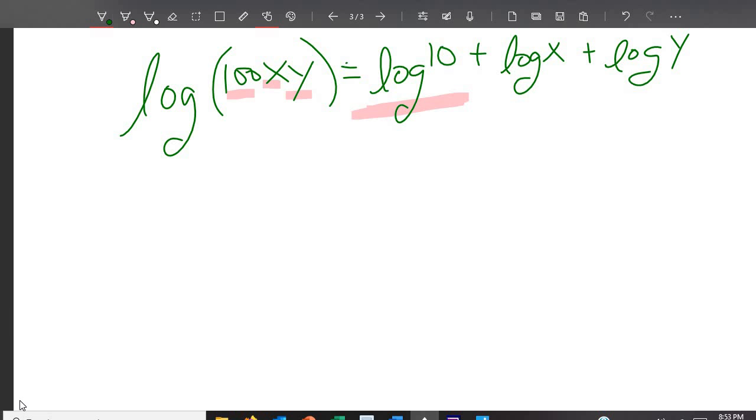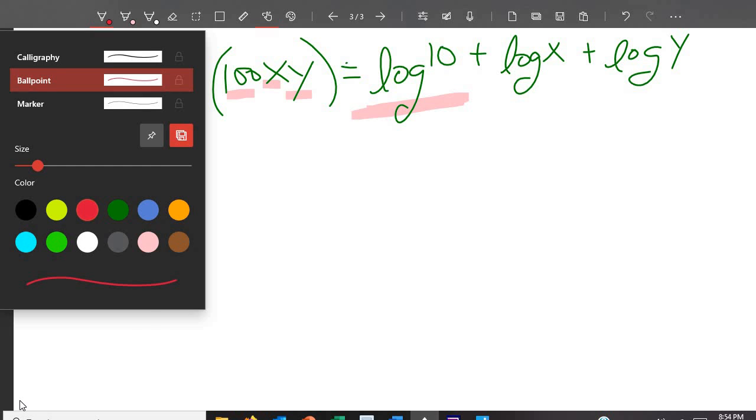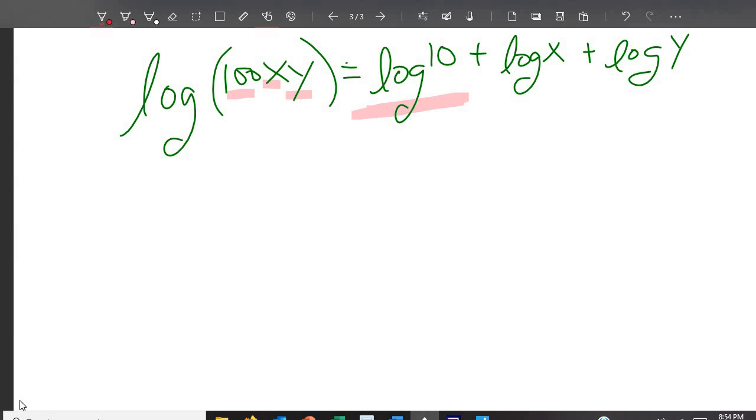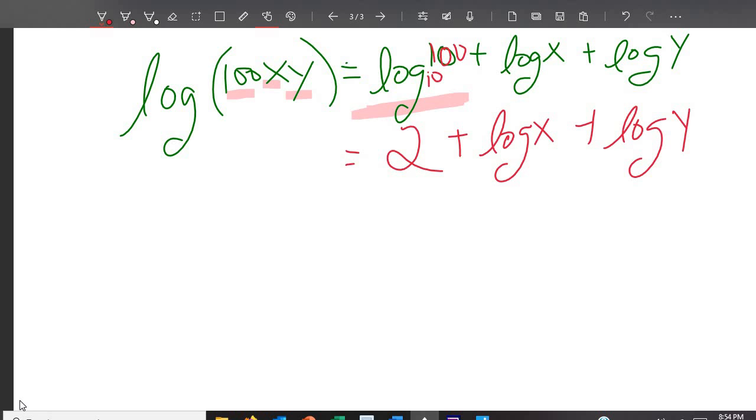This is the common log, so our base is understood to be 10, and we're trying to find the exponent for 10 that would give me 100. That would be 2. Then we put a plus log of x plus log of y. This is the only thing I can do.